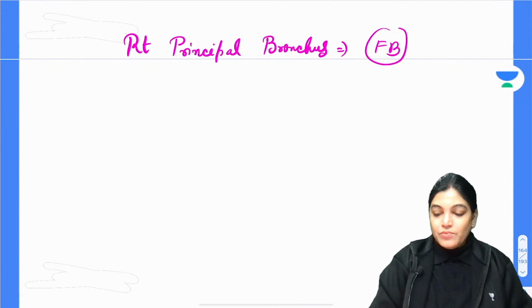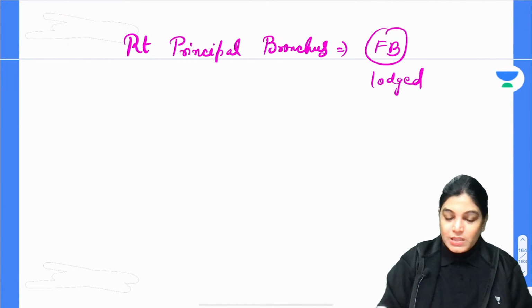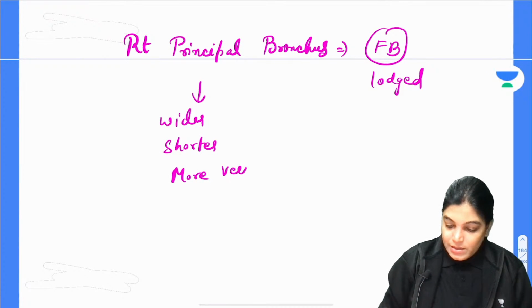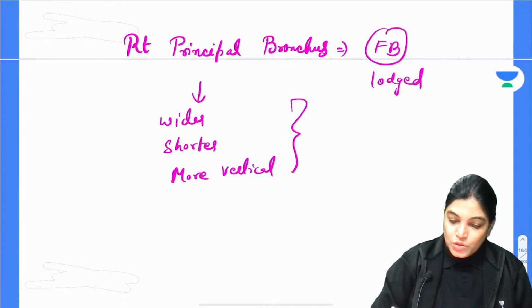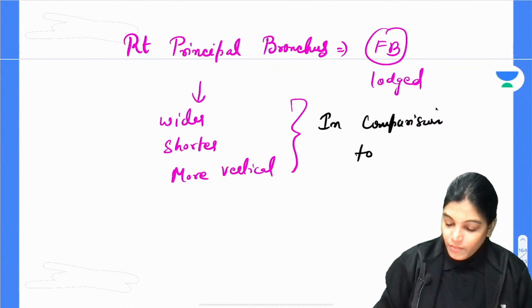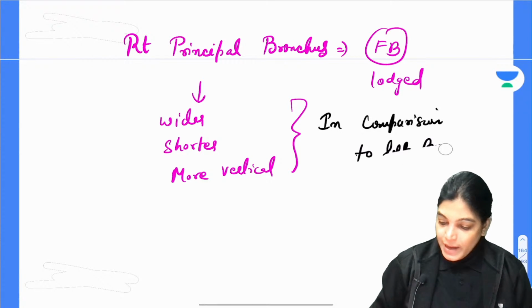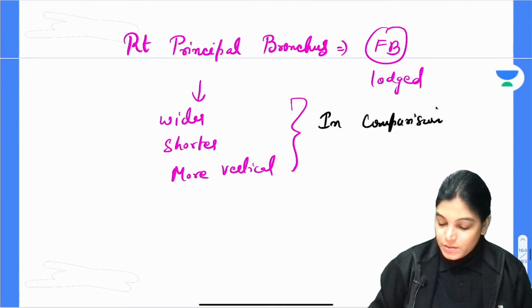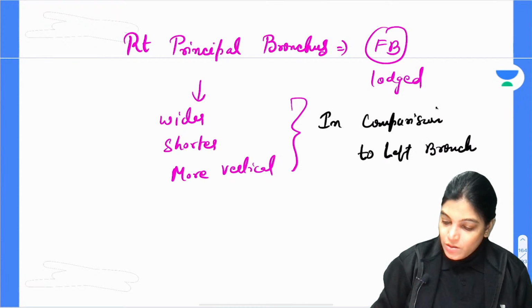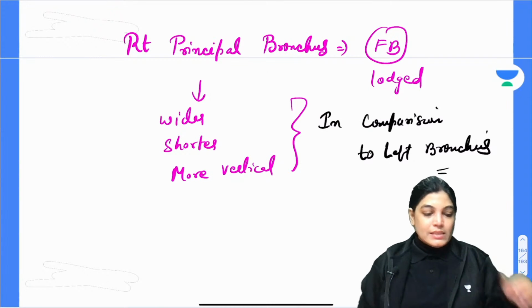The foreign body will be lodged in the right principal bronchus because it is wider, shorter and more vertical in comparison to the left principal bronchus. Okay, this is the reason.